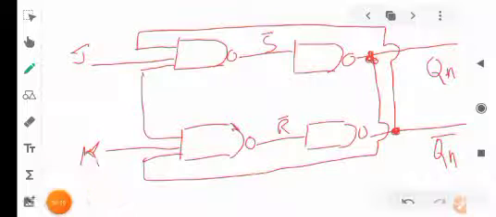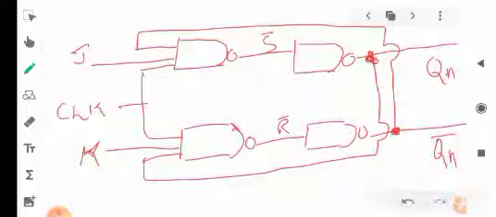So this will be our JK flip-flop, and we need to give one clock pulse. We have given CLK, the clock, here. This clock will be positive level triggered. When the positive level of the clock comes, the flip-flop will work.